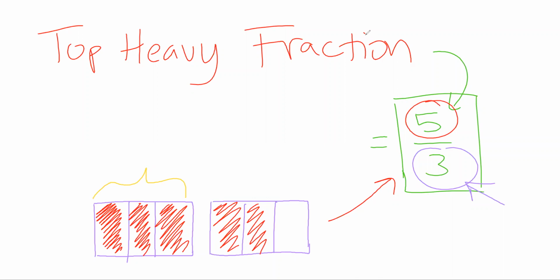That's 3 out of 3, which is the same thing as one whole. And then this right here is 2 out of 3. If we put that together, there's 3/3 and 2/3, so 3 plus 2, there's my 5, and then it's thirds, so that stays the same. So I actually have more than a whole. That's a top-heavy fraction.